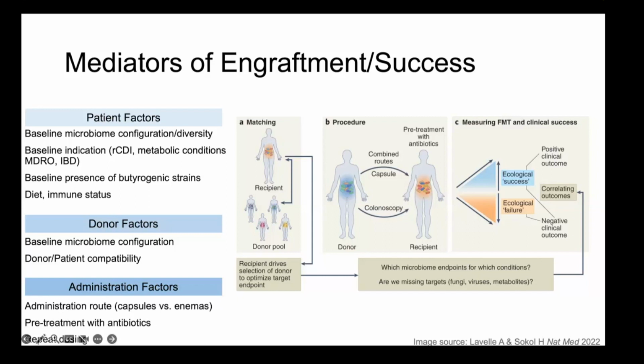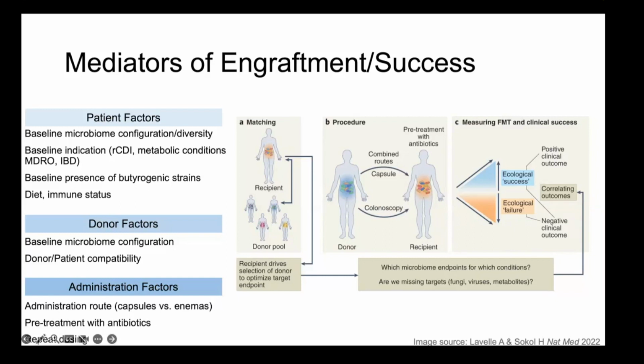Lastly, there are administration factors that are important. So what is the administration route? Giving capsules versus enemas, and pre-treatment with antibiotics, which isn't done, for example, in recurrent C. diff infections or in MDRO colonization, but is done in some other conditions.